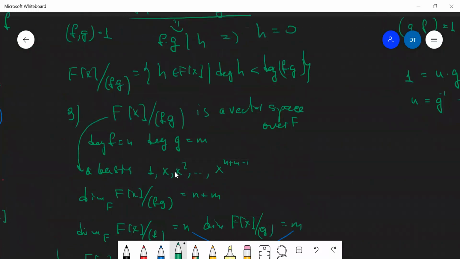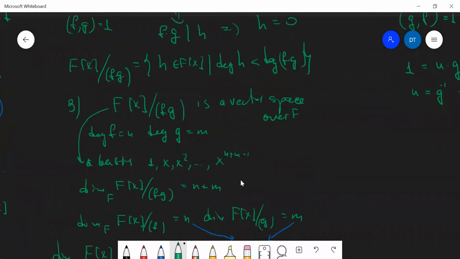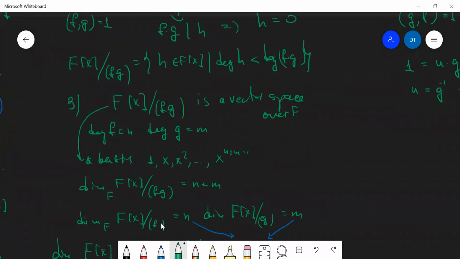Okay, if your polynomial f has degree 0, then by definition, what is this set? It is the set of all polynomials with degree strictly smaller than 0. There is only one polynomial with this condition, the 0 polynomial.